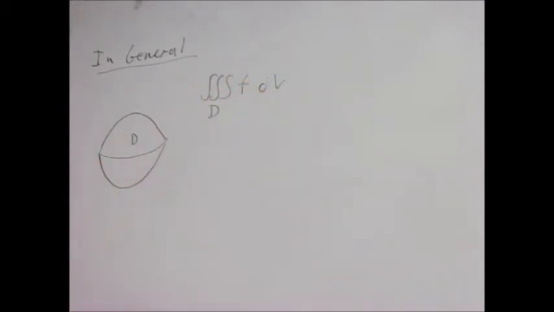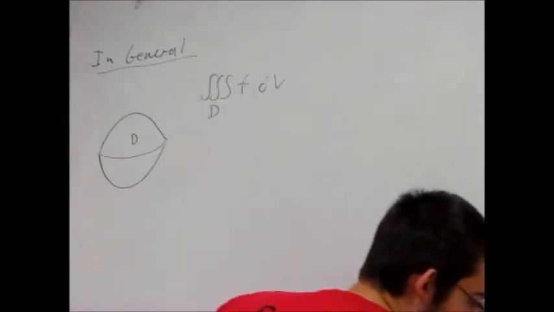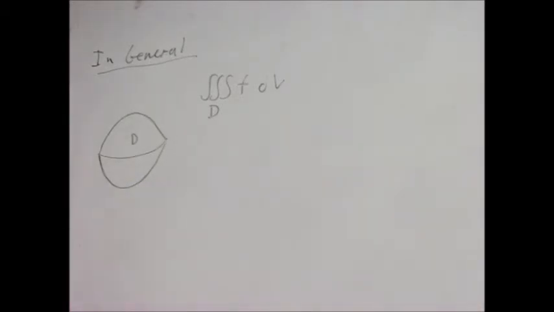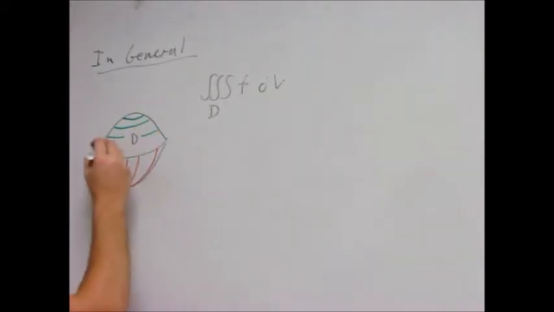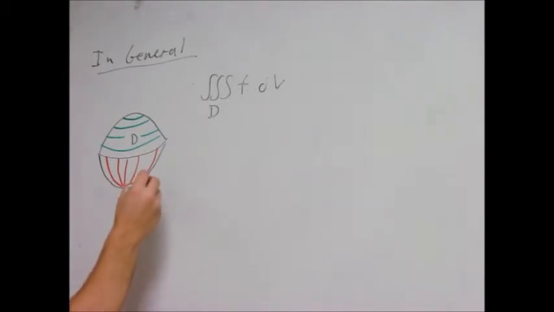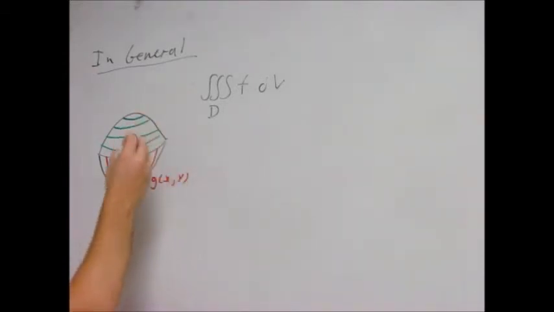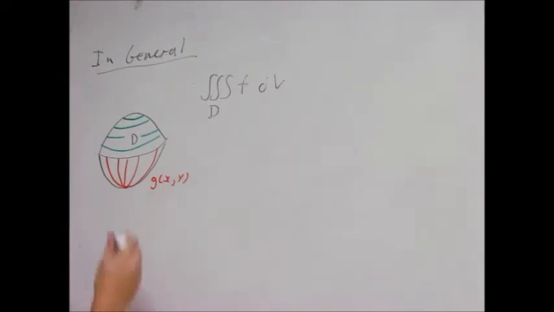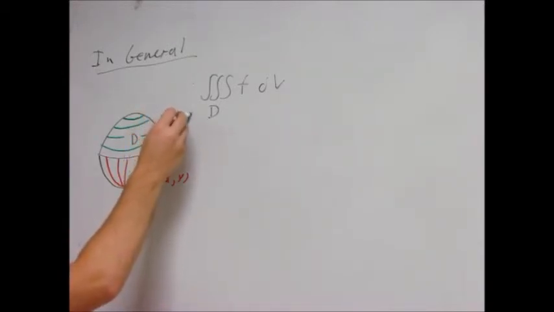Say it's bounded from below by this surface down here, and bounded from above by this surface right here. Let's say this is a function of x and y, g of x, y, and this one is another function h of x, y.